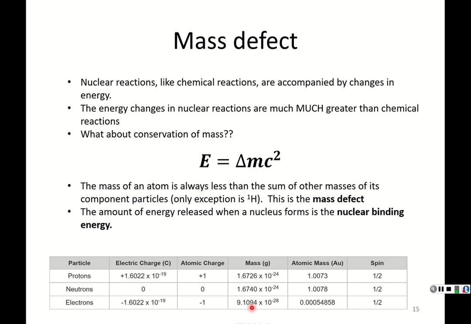As for the masses, the proton and neutron are pretty similar in mass. The electron is smaller by about 3 or 4 orders of magnitude. So for atomic mass, we basically assign a 1 to a proton and a 1 to a neutron, although there's 0.0073 and 0.0078 at the end of it.